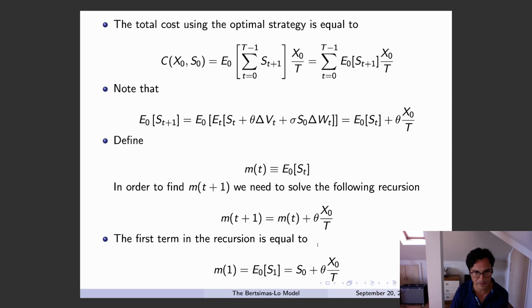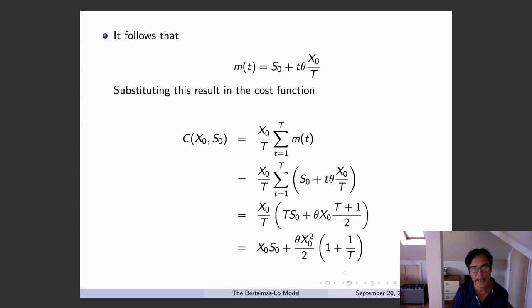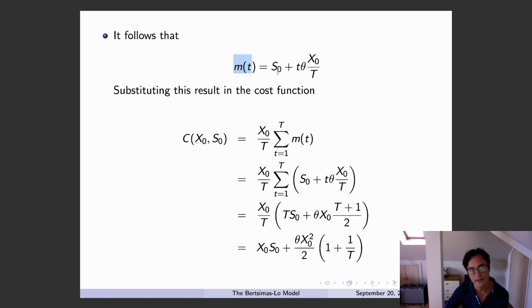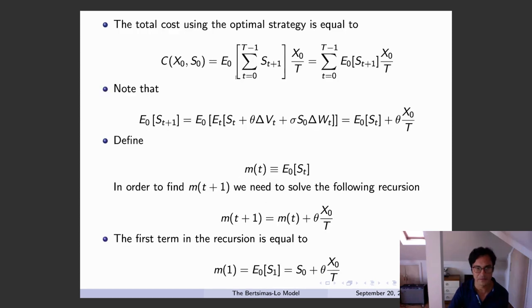And the first term of the recursion, if you look at it, is the expectation at time 0 of what the price is going to be at time 1, which is whatever the price was at time 0 plus the first impact. And in general, at time t, if you unroll the previous expression, everything is linear. So the expected price as of time 0, we're sitting at time 0 and forming an expectation for the future.